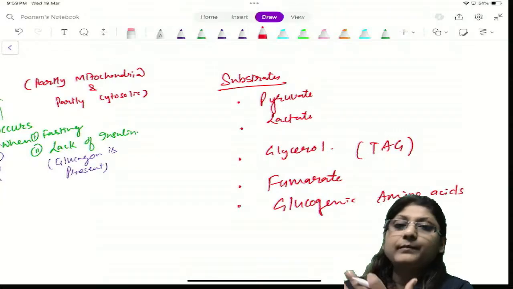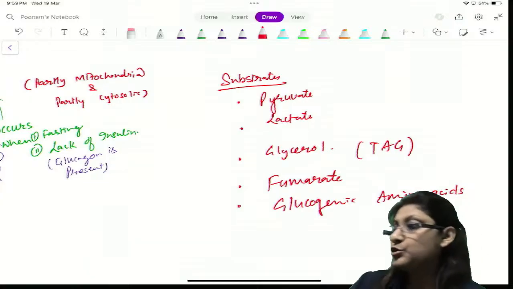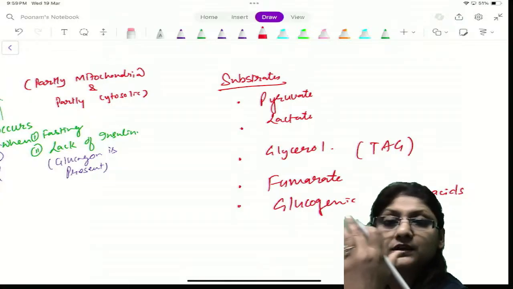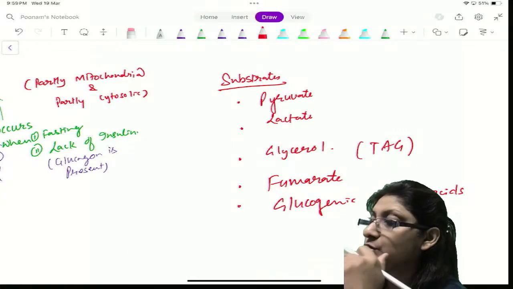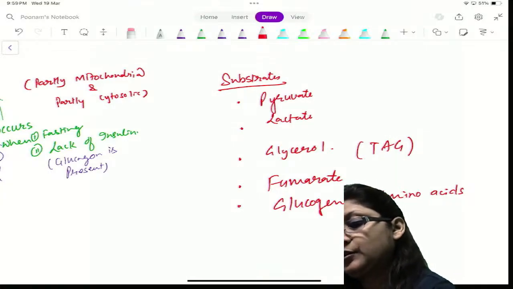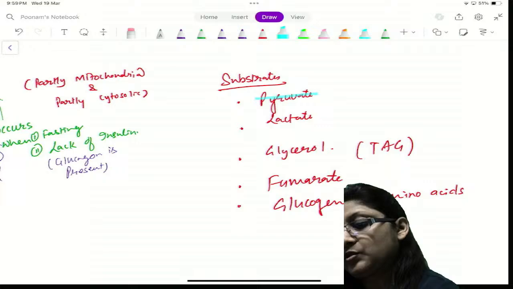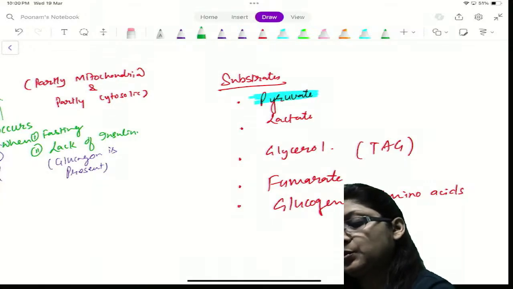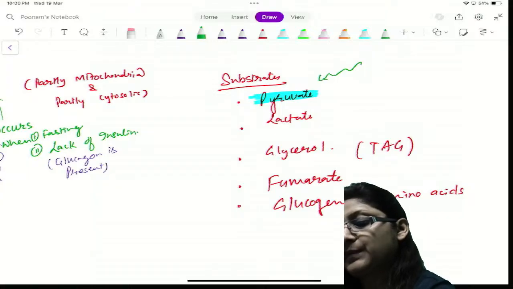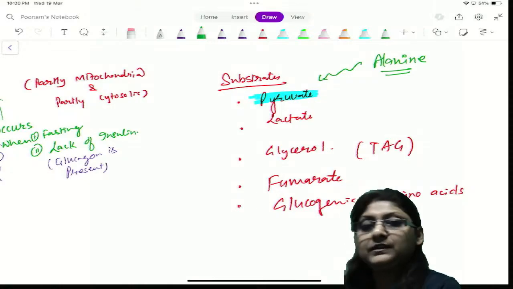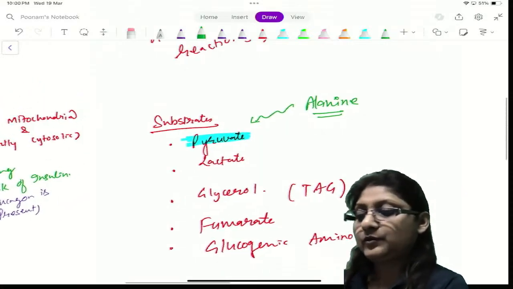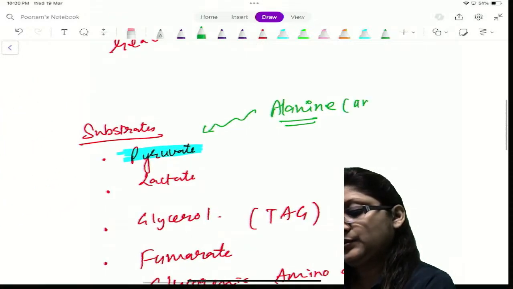So the basic fundamental approach is the understanding of glucose formation from the 3-carbon compound pyruvate. And you must know the major source of this gluconeogenic pyruvate is alanine, the amino acid.